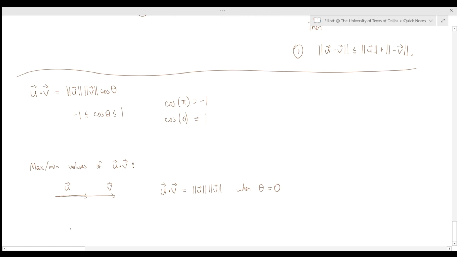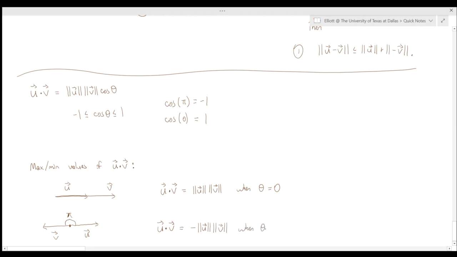And the other extreme: if the vectors u and v point in opposite directions, so the angle between them would be 180 degrees or pi radians, then cosine would be -1, and you would find that u dot v is negative the norm of u times the norm of v.